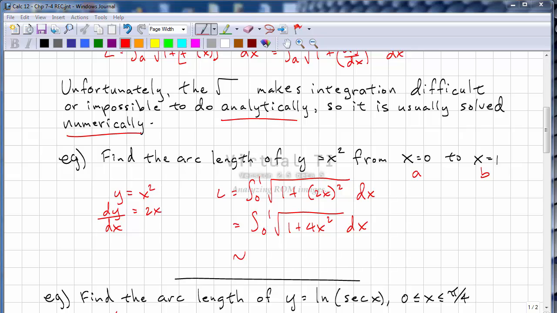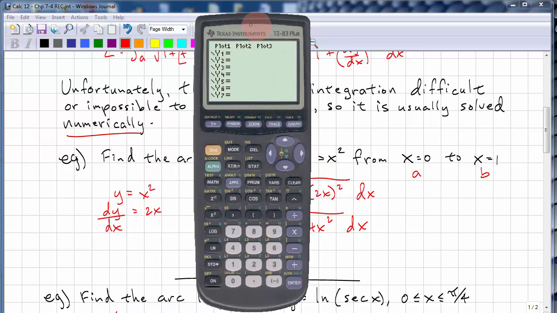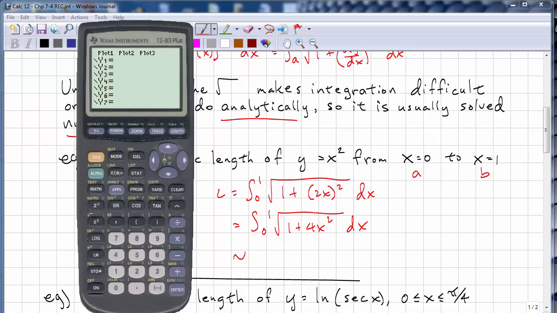And we can plug this in on our calculator. Okay, make sure you're plugging this in. We're not plugging in the derivative. We're plugging in the formula for arc length. Square root of 1 plus 4x squared. And window, that's probably good enough.